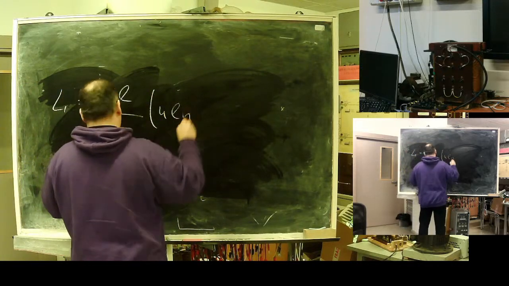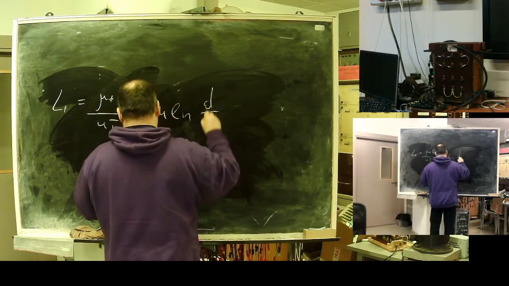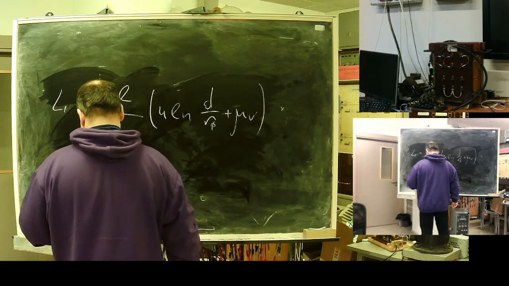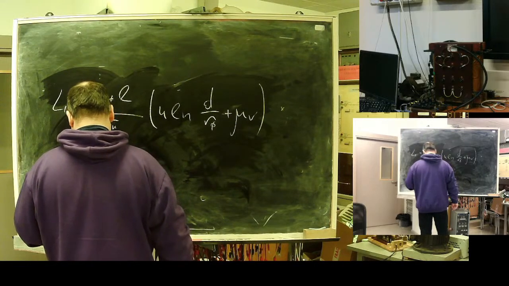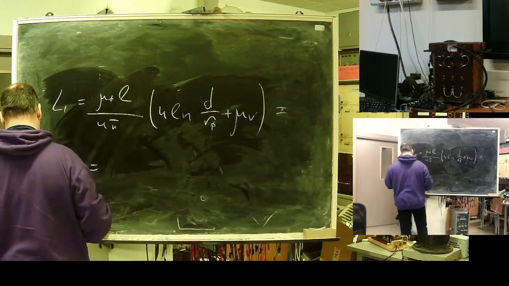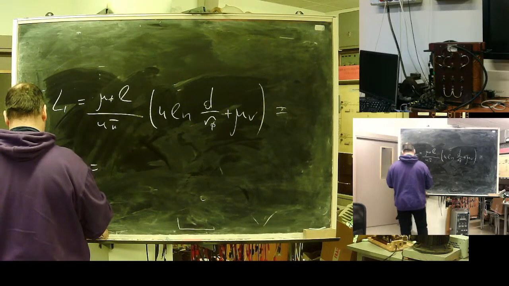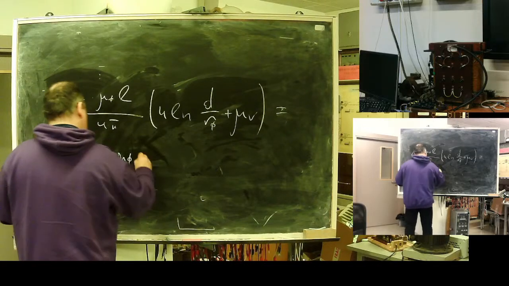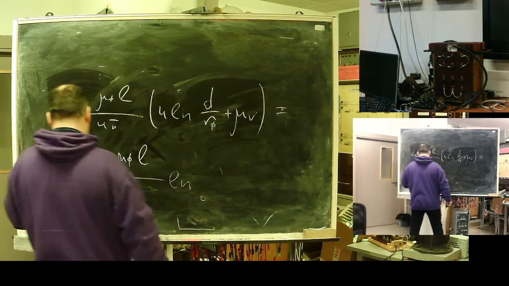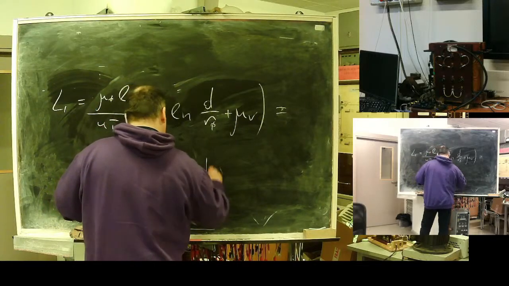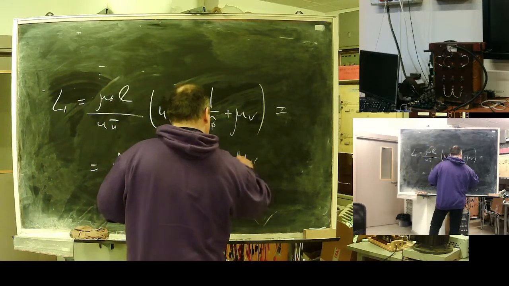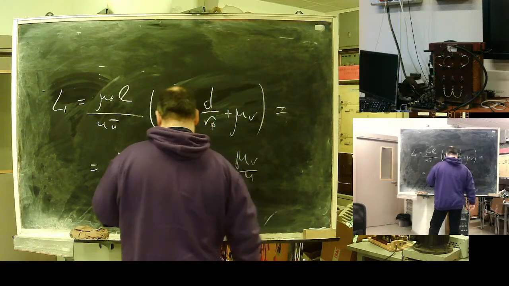Here will be 4 natural logarithm of D divided by R0 plus, or mu0 over 8 pi, natural logarithm of D e to the power mu divided by 4.